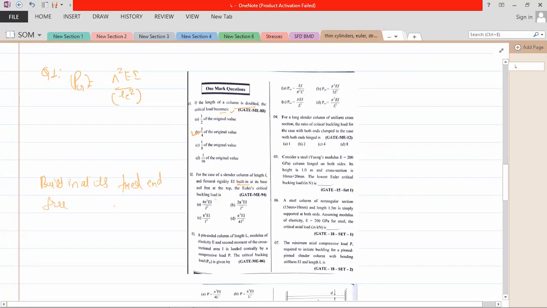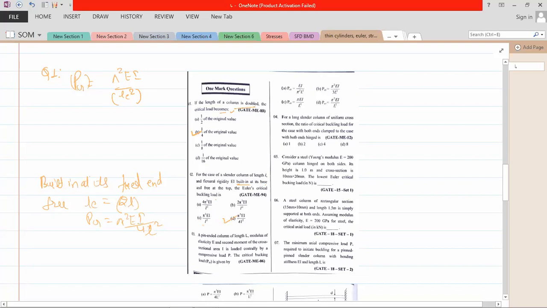So it is a fixed-free condition. You remember LE is equal to L by root 2. No, not L by root 2. Sorry, it is 2L. So if you put that value, P critical is equal to pi square EI upon 4L square. So the answer will be option D.